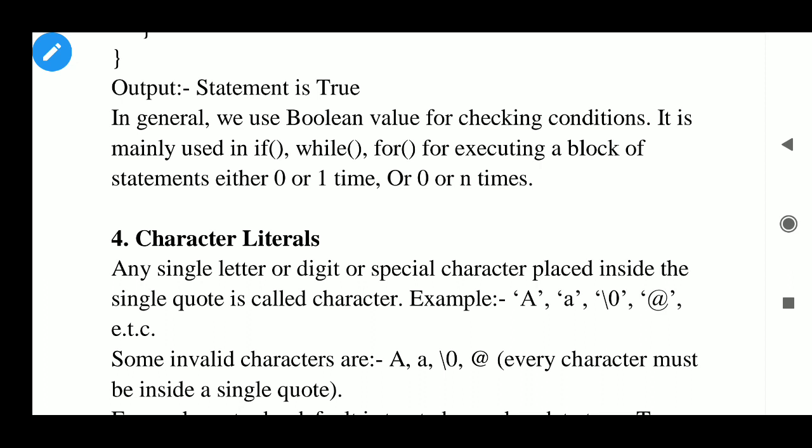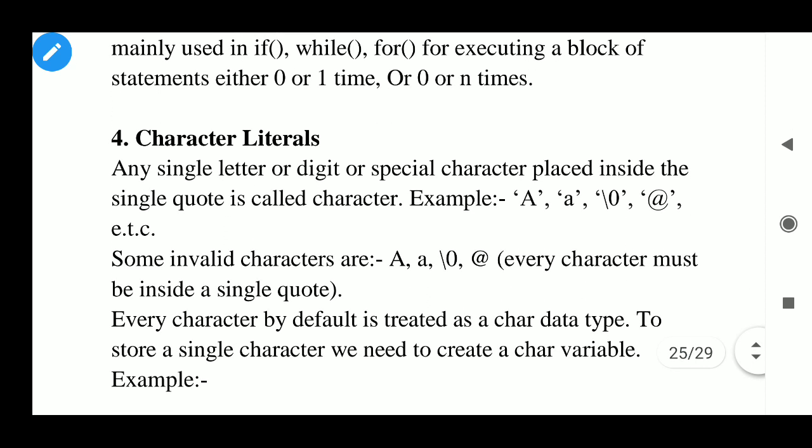So capital A written in single quotes, small a, '\0', whatever, but it should be written in single quotes. There are some invalid ones, like a without single quotes. Every character must be inside single quotes.